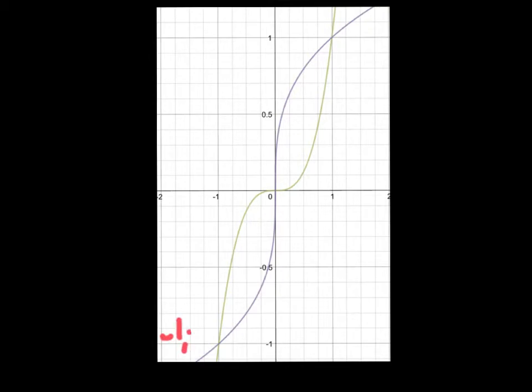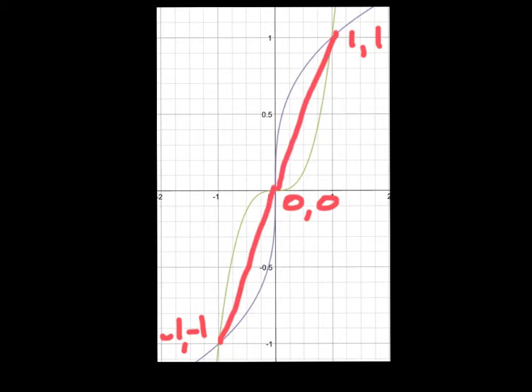So negative 1, negative 1, where else? 1, 1, where else? And 0, 0. What is special that is created when you intersect these graphs? Yes, they create a reflection like this. Those sides reflect each other through that line, and the same here creates a reflection.